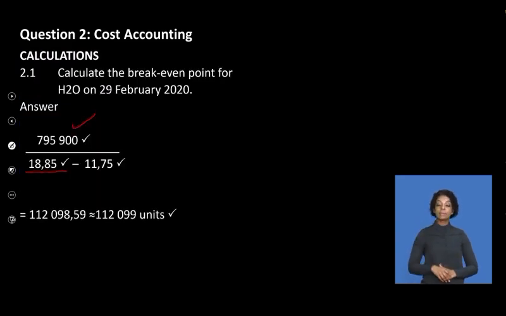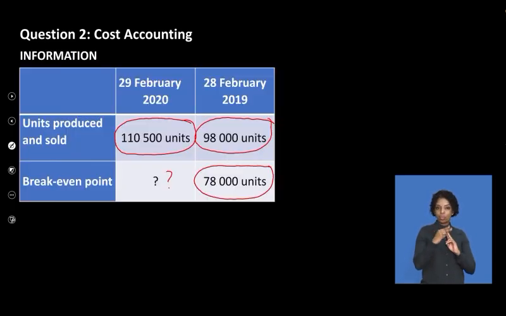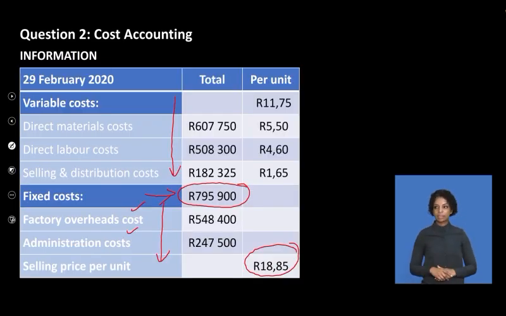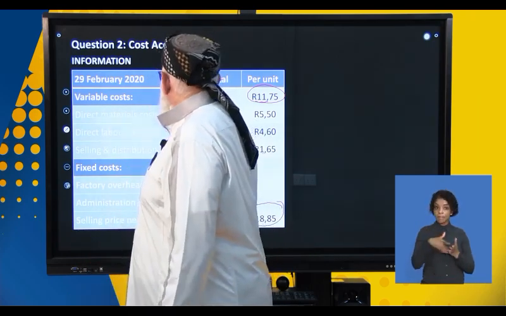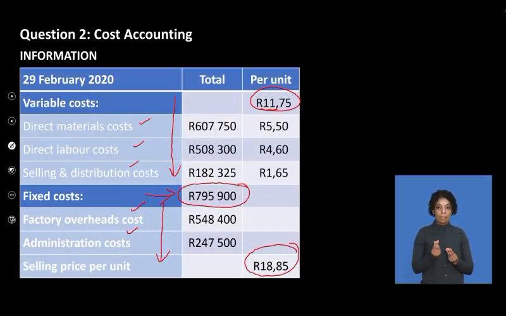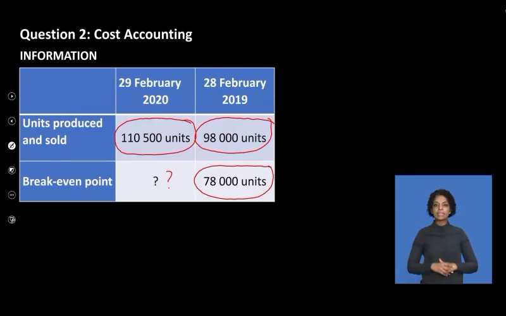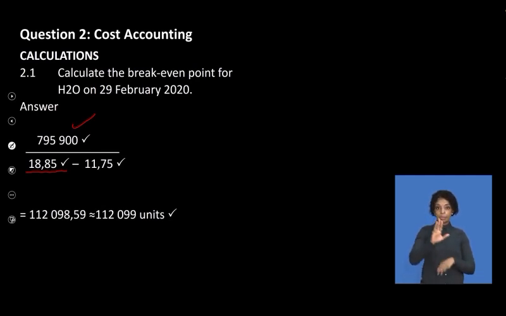There's my 18.85, my selling price per unit, minus my variable cost per unit, which is 11 Rand and 75 cents. Because it's given to you, you can get the information directly from the question. If it is not given, you would add material plus labor plus selling and distribution. But in this case, it's given to me as 11 Rand and 75 cents. Therefore, 18.85 selling price per unit minus variable cost per unit of 11 Rand 75.